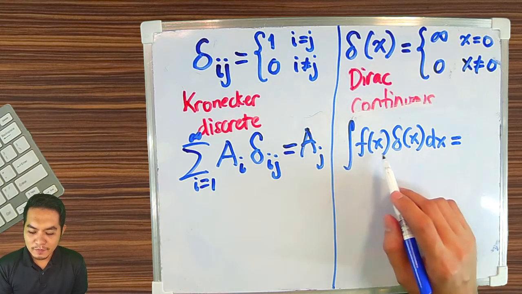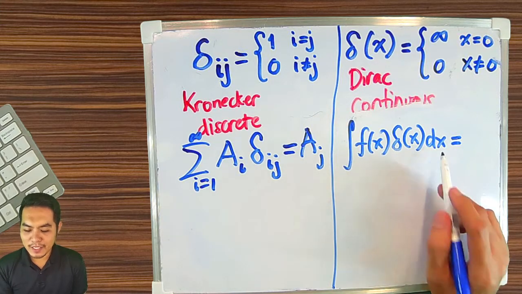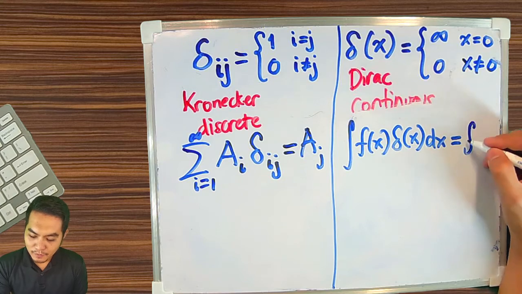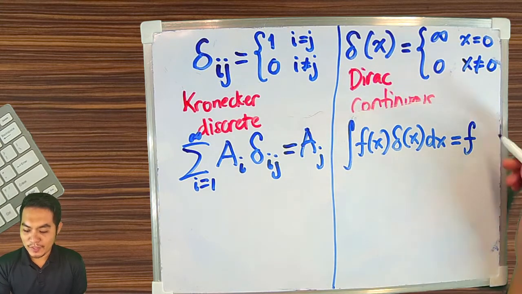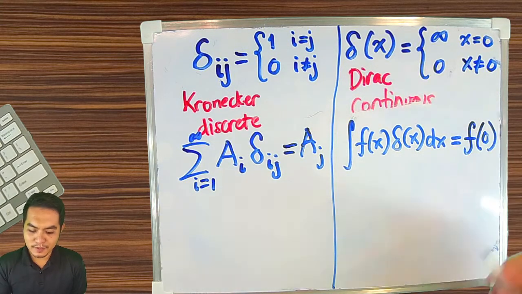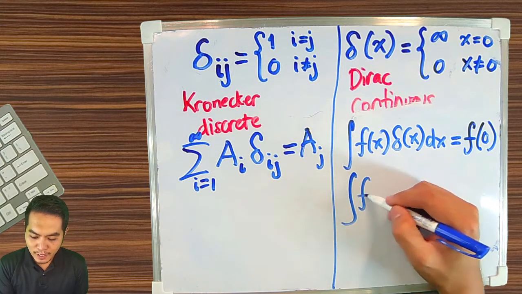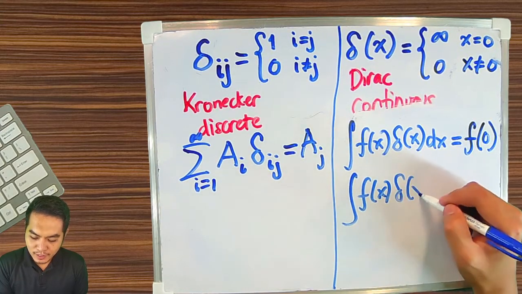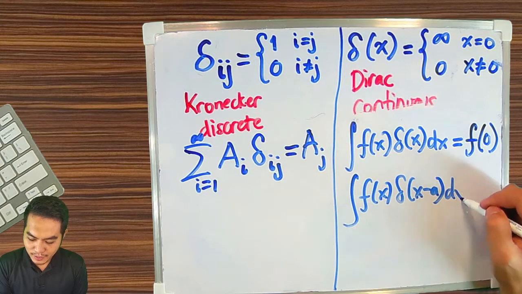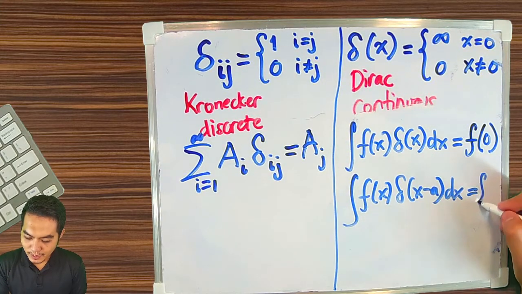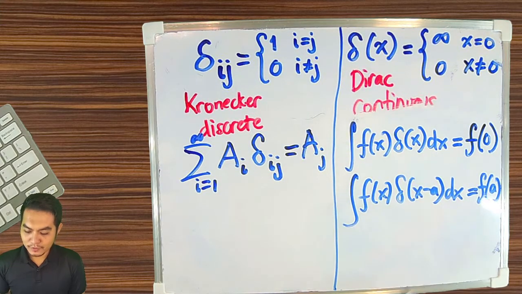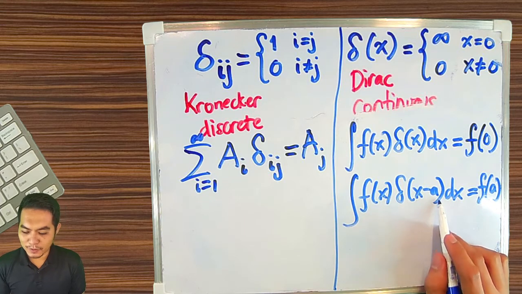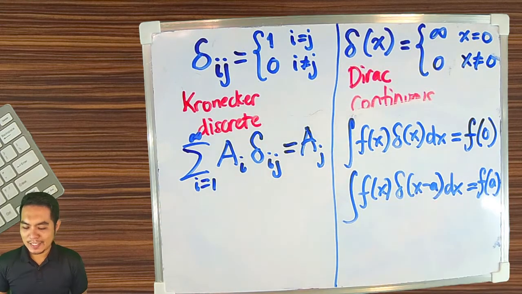The integral of f of x times delta of x dx is just the value of f at x equal to 0, so f of 0. Or in general, if you have f of x times delta of x minus a dx, then the answer is f of a, the value of the function at x equal to a.